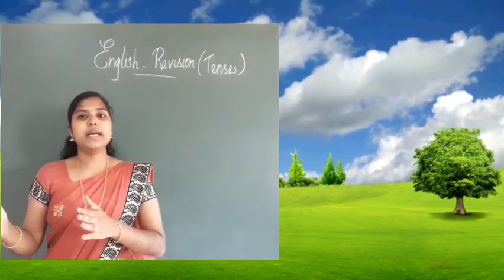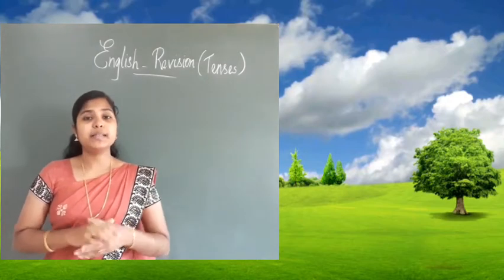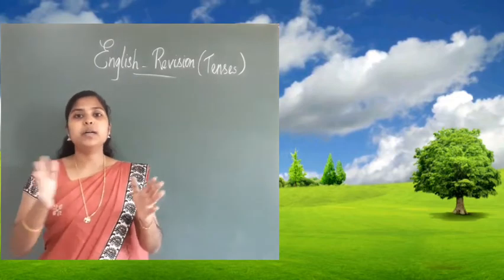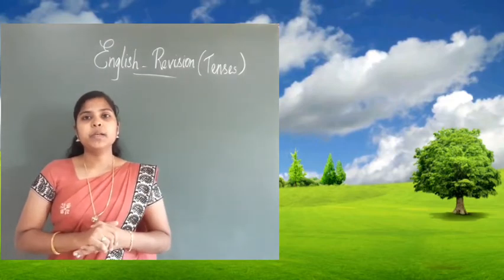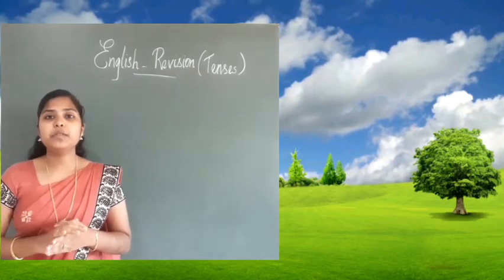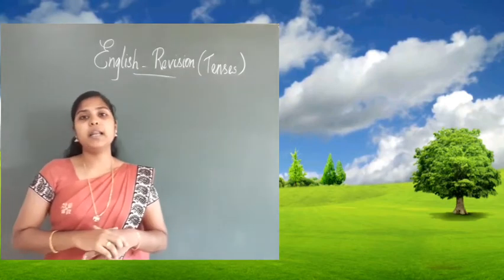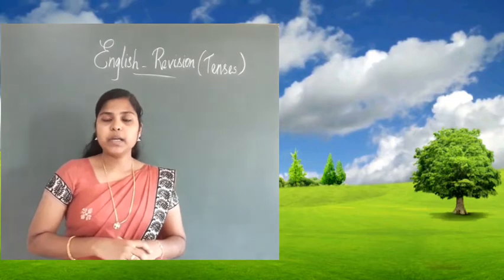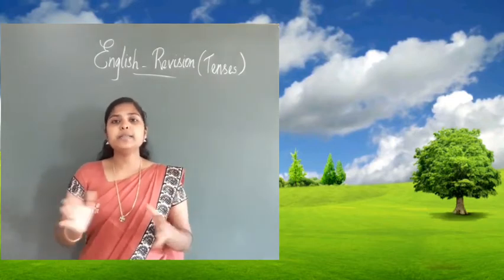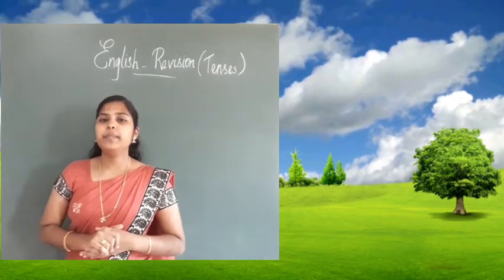Plural noun will take plural verb. For the third person singular, we have to add s along with the verb. For the rest, we can use the very base form of the verb in simple present tense.